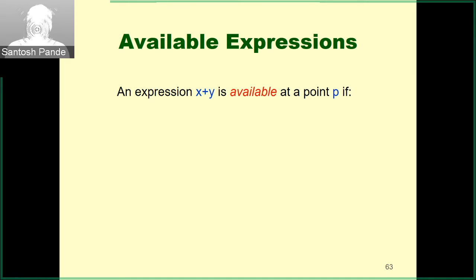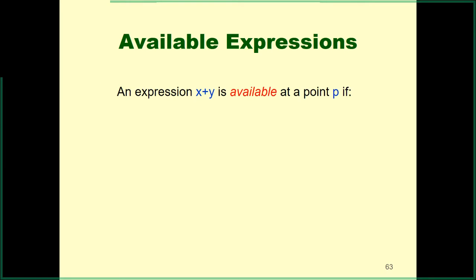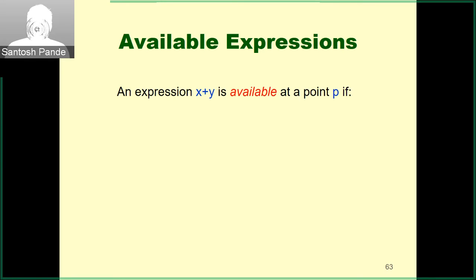Assignment is a special case of an expression. So available expression captures this type of condition and is one of the most foundational analyses used for data flow purposes, because it leads to a lot of redundancy elimination, and also copies getting eliminated.